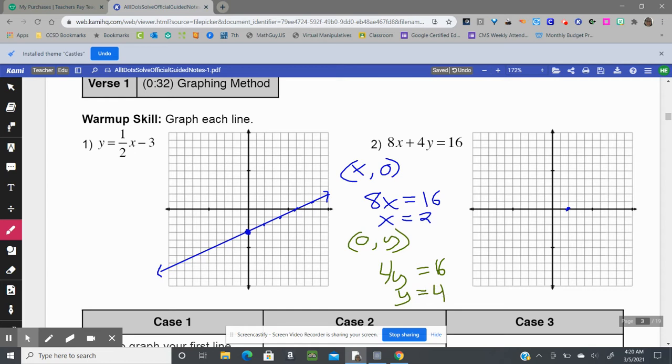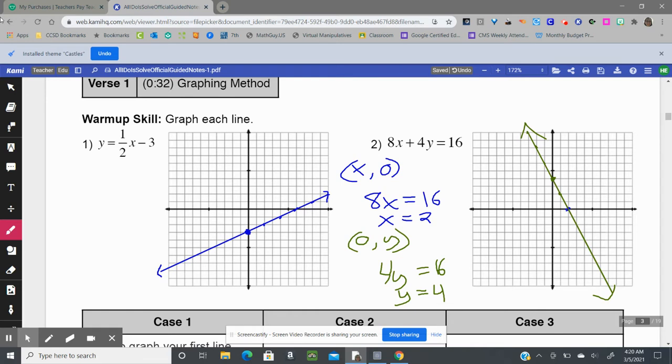So we go up to 4. From there we can see our slope is -2. So we can continue filling in our dots in both directions to make a beautiful straight line, with arrows at the end.